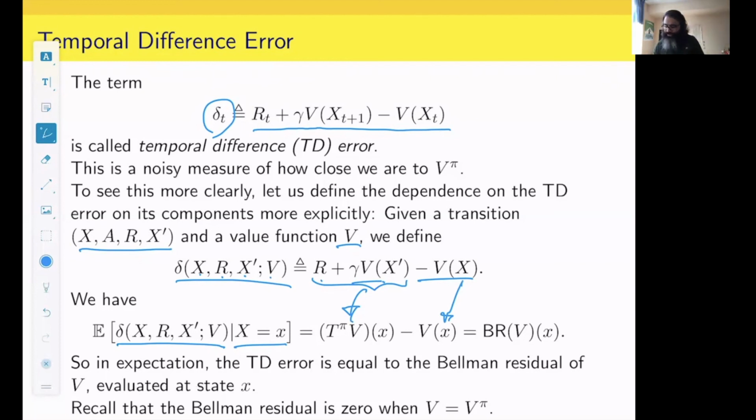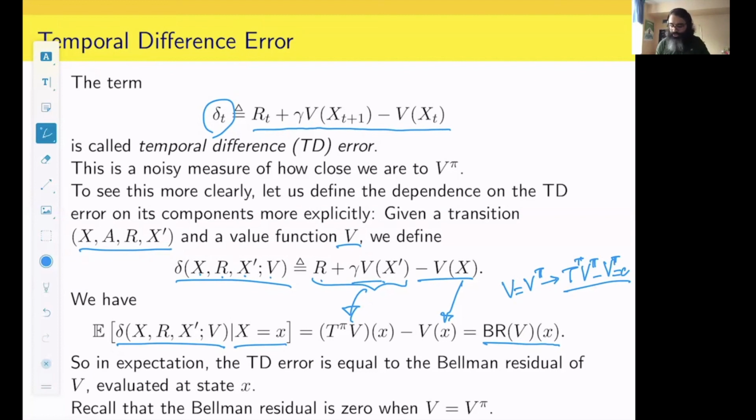If you recall, we called this the Bellman residual of the value function at state x. And one other interesting thing about the Bellman residual was that if V was V^pi, the Bellman residual would be 0. This is easy to see, because if V is V^pi, then T^pi V^pi minus V^pi is 0. This is the Bellman equation, and it is unique.